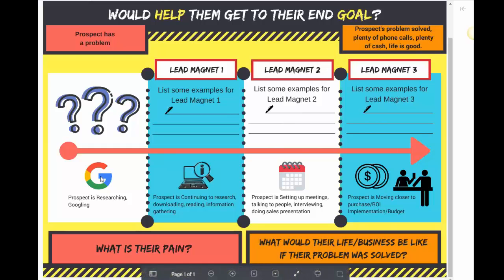The more you can be here and provide relevant information about their problem, solving it and helping them get what they want, the more you become a trusted advisor, and the more they're going to look to you for that information and advice. So this is a continuum. This is the buyer starting, and over here is, I found my thing.